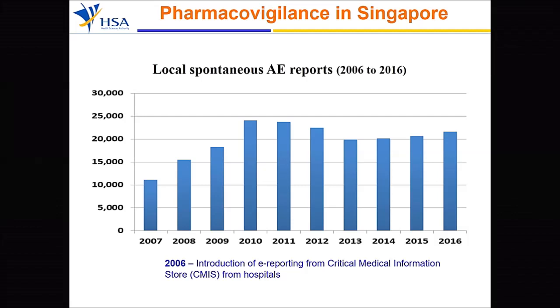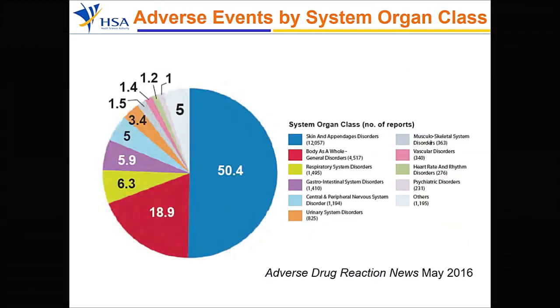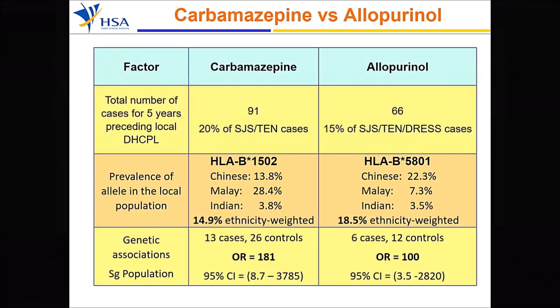Now about 20 to 25,000 reports are received each year, and about half of those are related to the skin and appendages. If you look at the breakdown by system organ class, that's the biggest class reported. Carbamazepine and allopurinol are among the top 3 drugs reported, so my talk is going to focus on these 2 drugs.